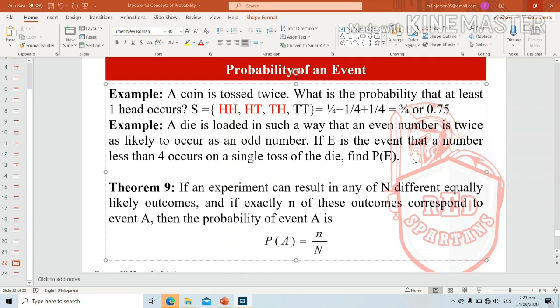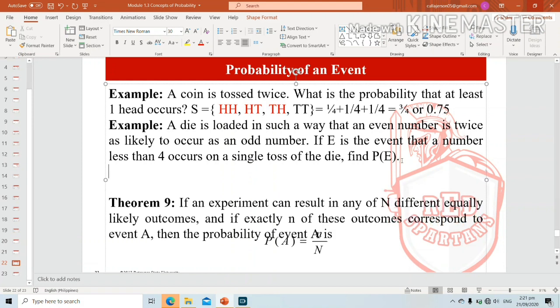Another example, so a die is loaded in such a way that an even number is twice as likely to occur as an odd number. If E is the event that a number less than 4 occurs on a single toss of the die, find the probability of E. So, kunin muna natin yung ating sample space ng isang die.